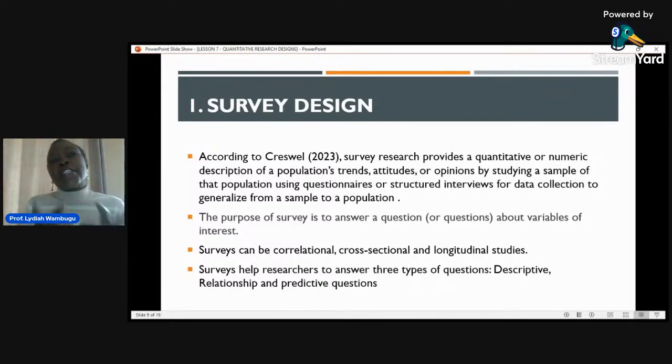But you, as students of research, you need to be sure that survey is a design. Questionnaire is an instrument. So please don't put in your academic document that you will use survey to collect data. Survey is not an instrument. Survey is not a method of data collection.